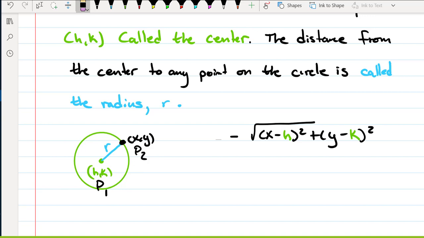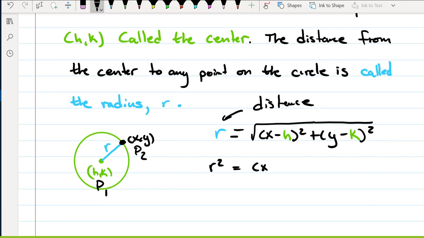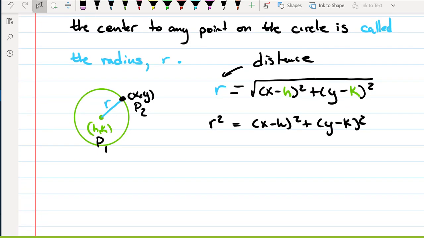But this distance really should be the radius, because that's our distance, right? Well, if we square both sides of this equation, we get r squared is equal to x minus h squared plus y minus k squared. And that is the equation of the circle.